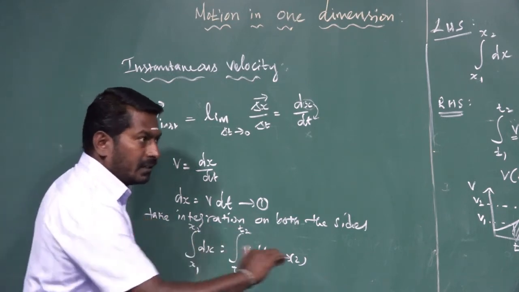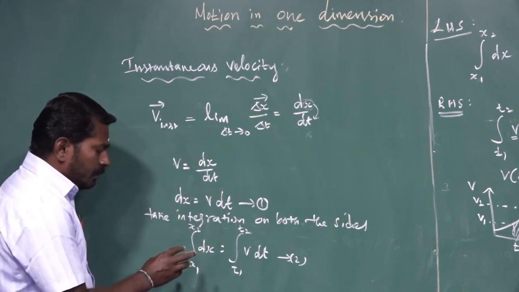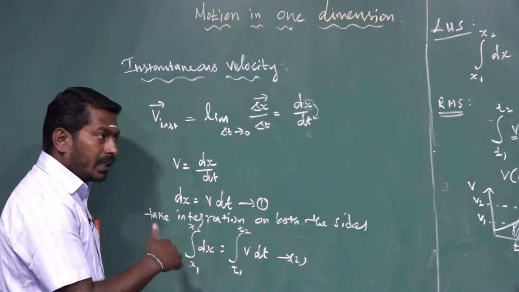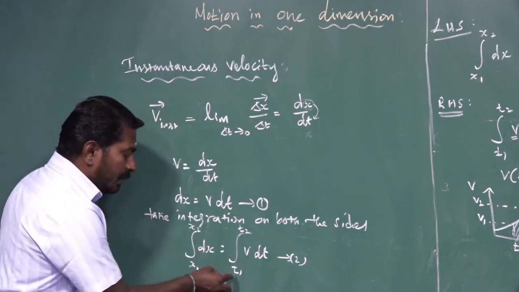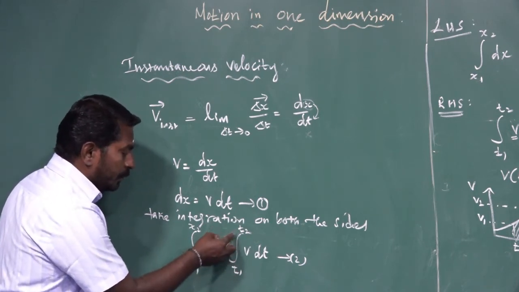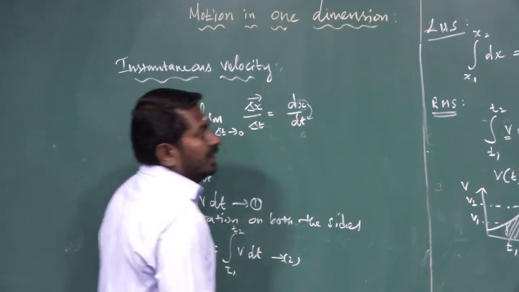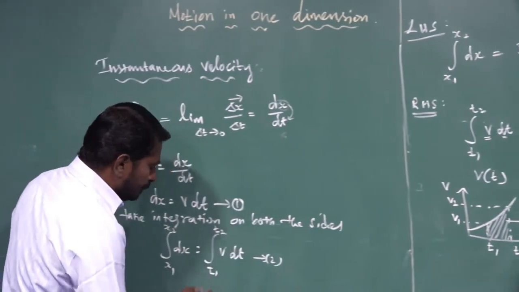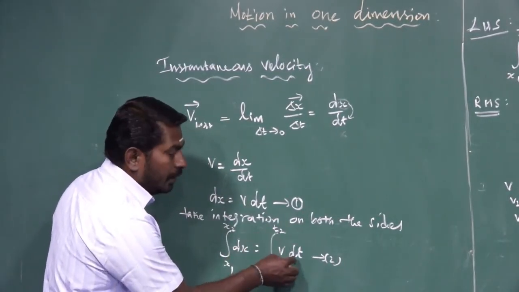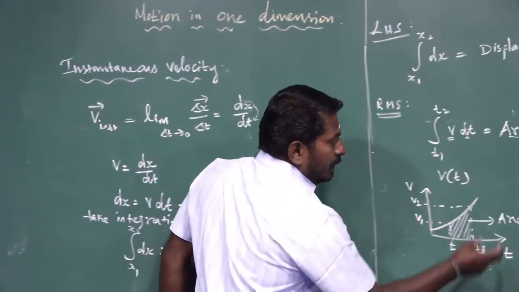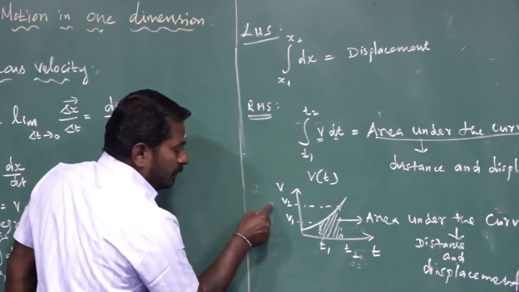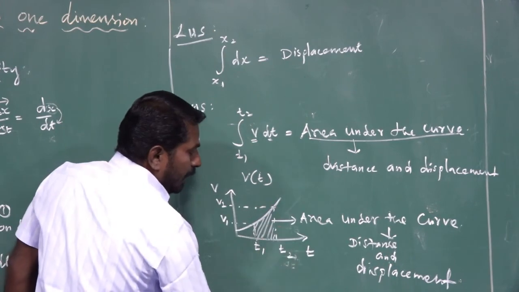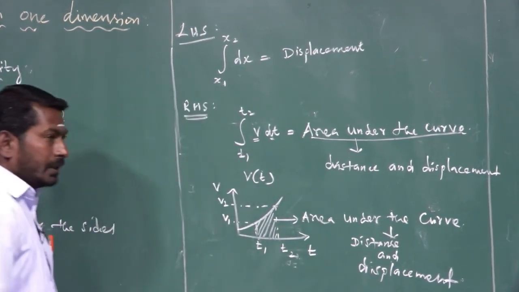If a body is traveling along the x-axis, the distance or displacement covered by the particle or body in the time interval t1 to t2 is given by it. But the right hand side, the integral from t1 to t2 of v dt, gives the area under the curve in the velocity versus time graph. Area under this curve gives the distance and also displacement.